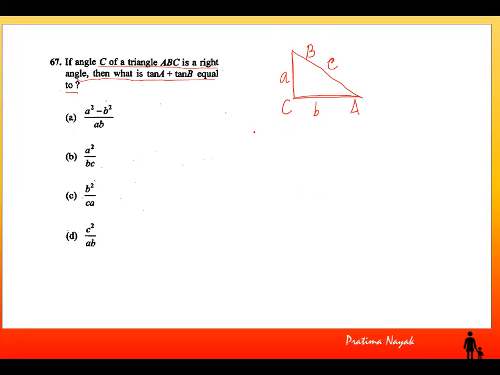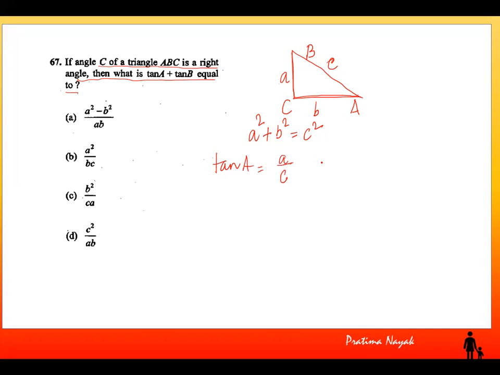And you need another expression here, that is your Pythagorean triplet relation. What is it? a square plus b square is equal to c square. Next I am coming to your trigonometry. Tan A is equal to opposite by hypotenuse.